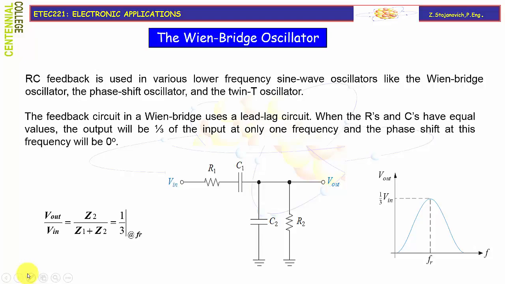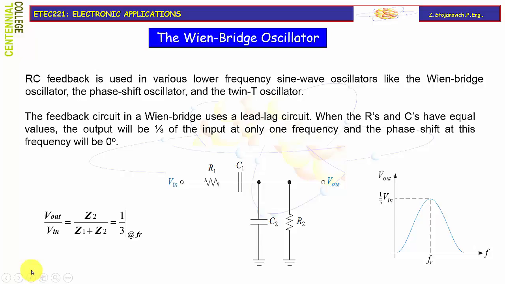The feedback circuit in the Wien bridge uses a lead-lag circuit, which is given below. When the R resistances and the C capacitances have equal values, the output will be 1/3 of the input voltage at only one frequency, and the phase shift at this frequency will be 0.